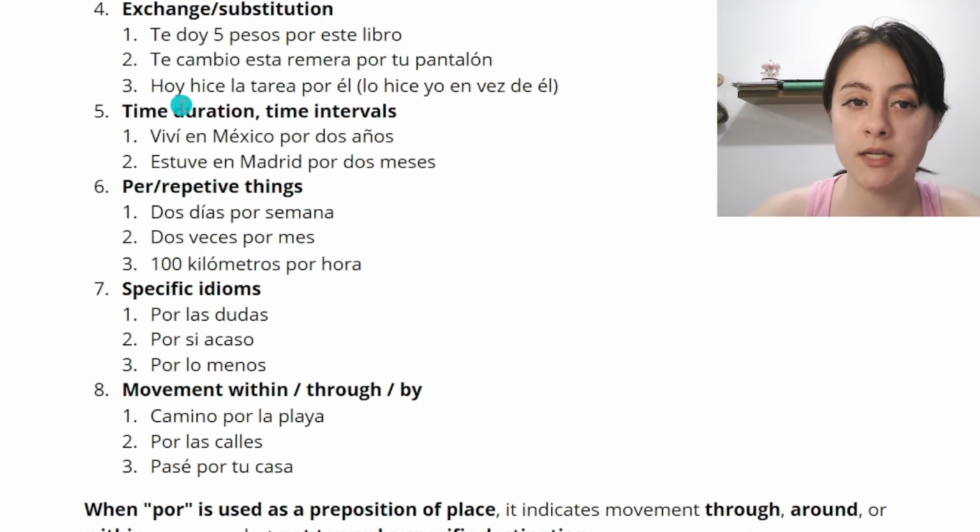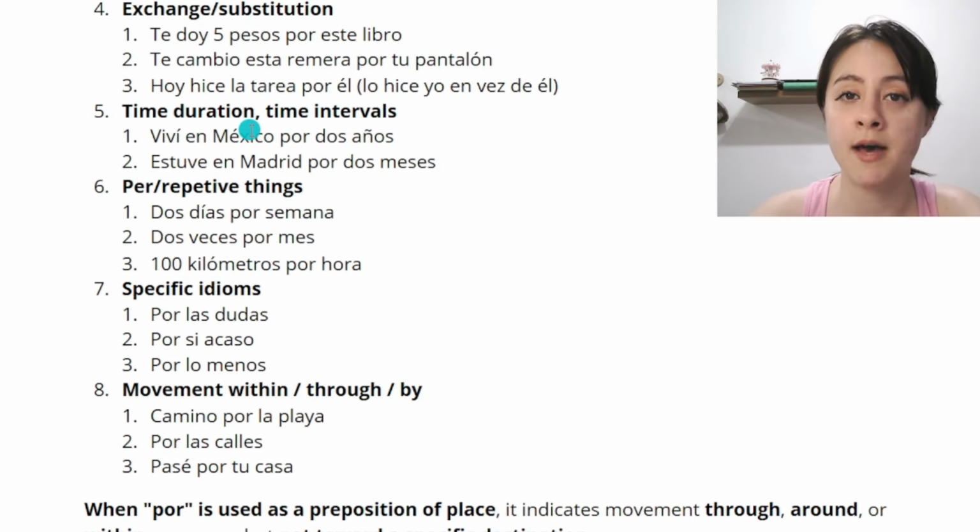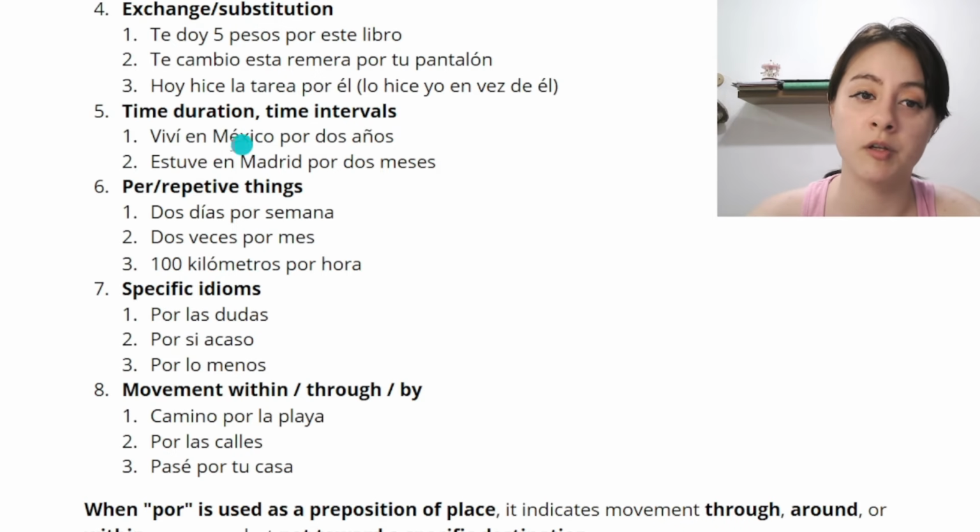The fifth case, it's for time intervals. Viví en México por 2 años. I lived in Mexico for 2 years. Or estuve en Madrid por 2 meses. I was in Madrid for 2 months.